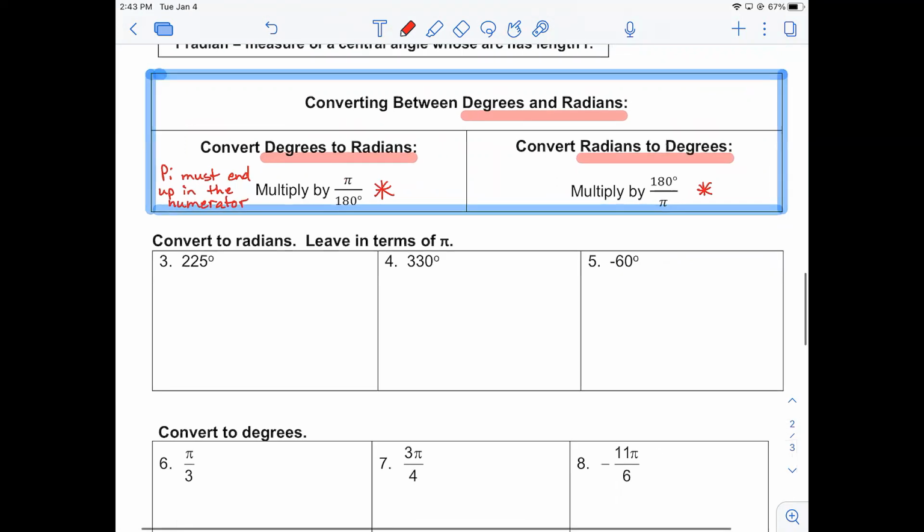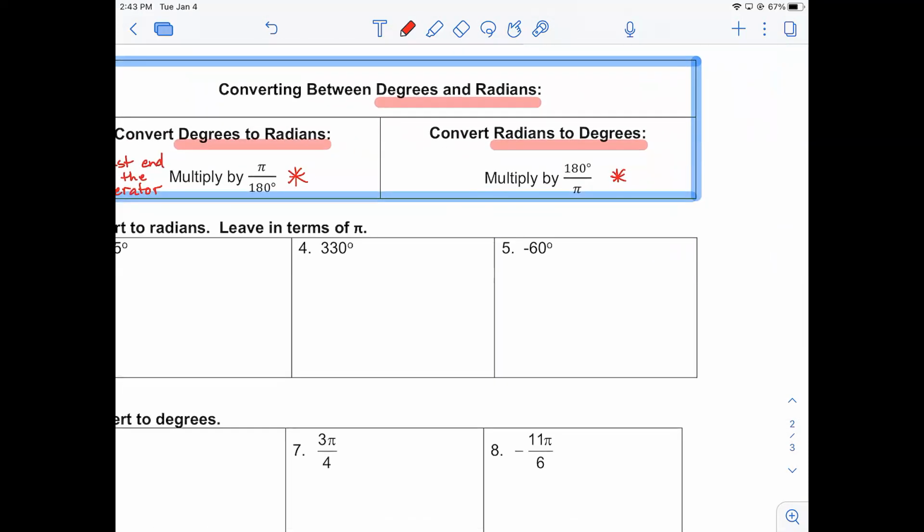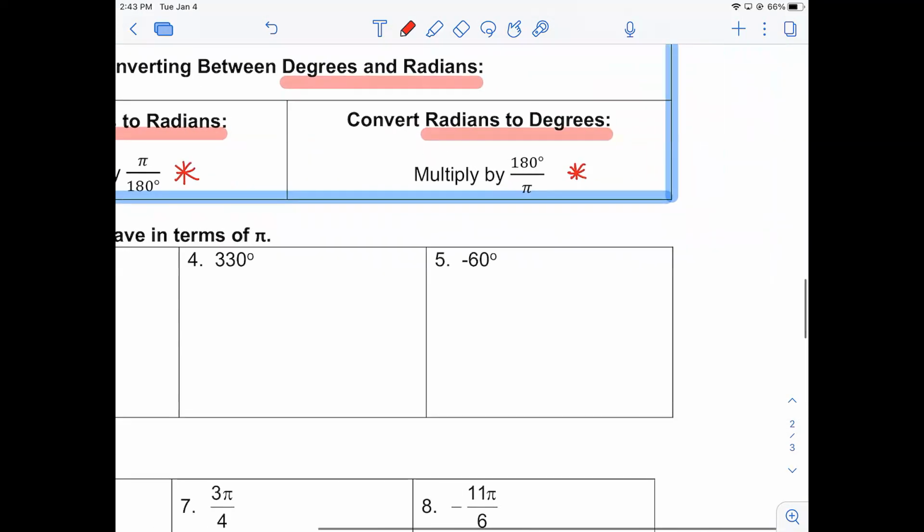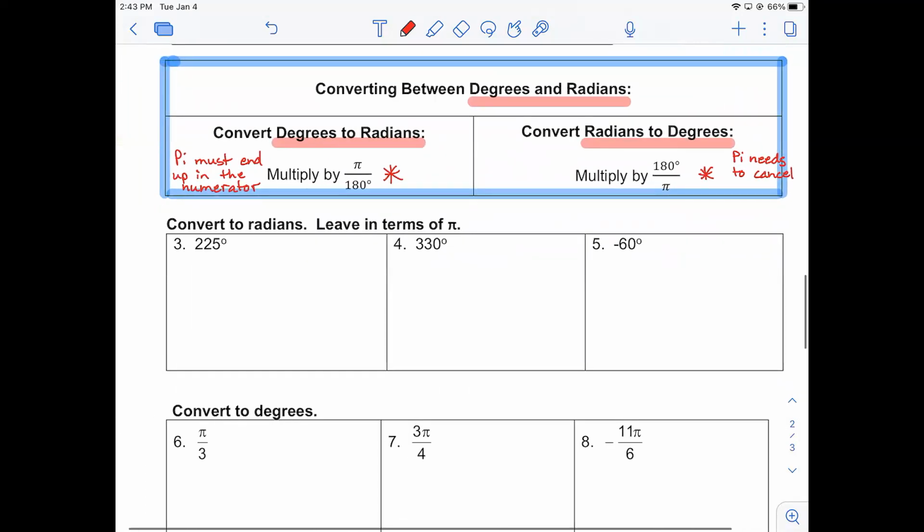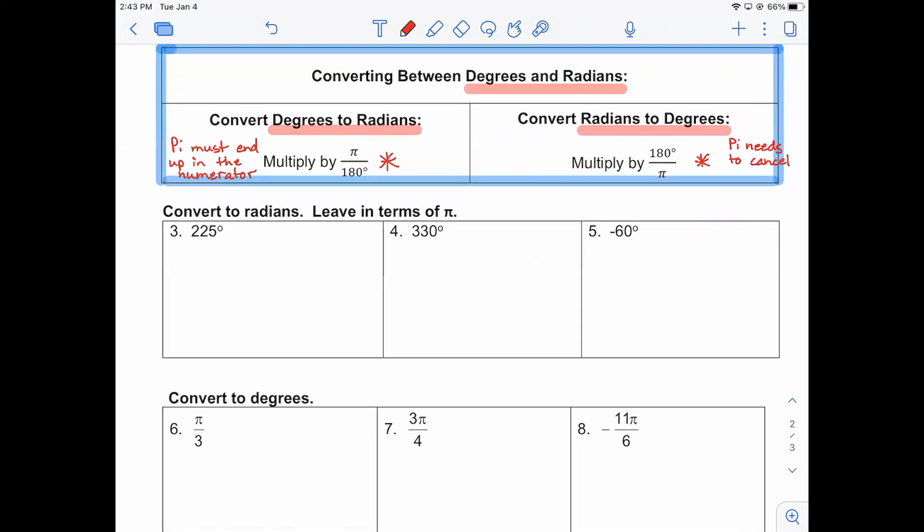Now, a little hint on radians to degrees: on this one, you want your pi to cancel. Those are just two little tricks that are going to help you remember when to use which of those equations, because you're going to have to know when to use which one.